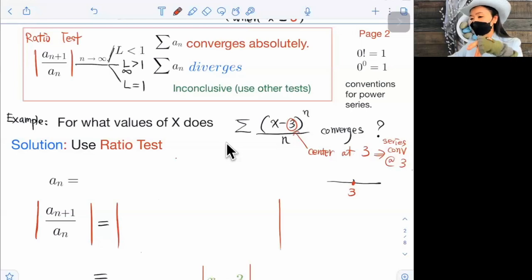We're going to use, remember, the ratio test. So we're going to use the ratio test for power series every time we try to find for what values of x the series converges. So what does a_n equal in this case?